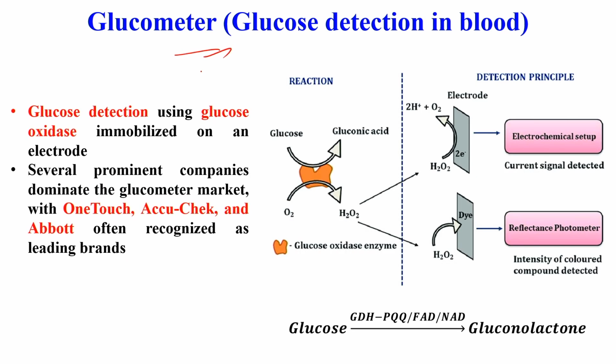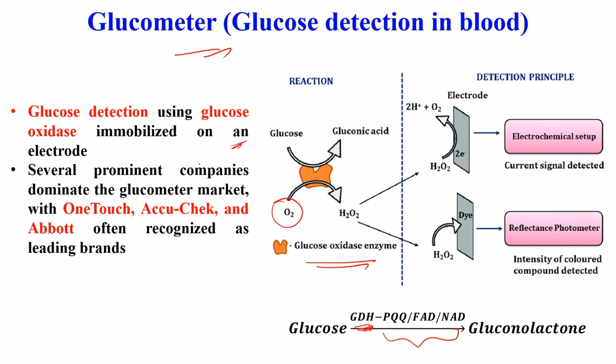One common device which is based on enzyme immobilization is the glucometer. So, it utilizes particularly two enzymes, one is glucose oxidase, other is glucose dehydrogenase. Glucose oxidase converts glucose to gluconic acid and it uses oxygen as electron acceptor, but glucose dehydrogenase uses the cofactors as electron acceptors.